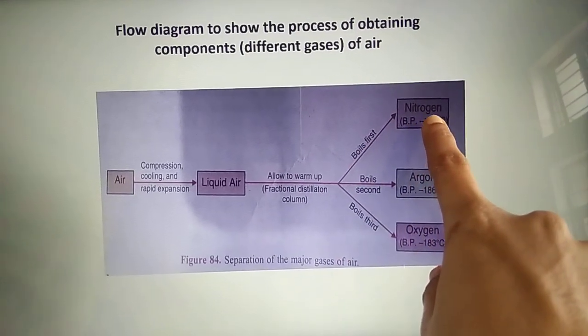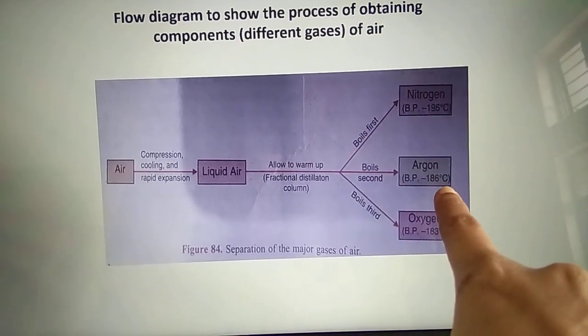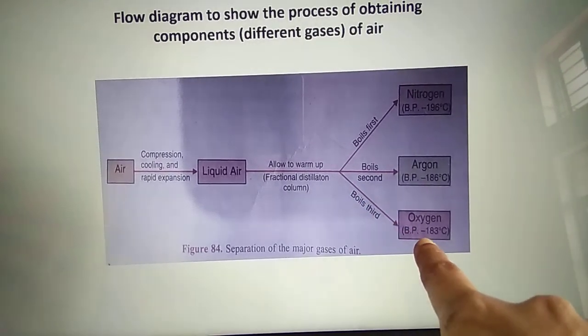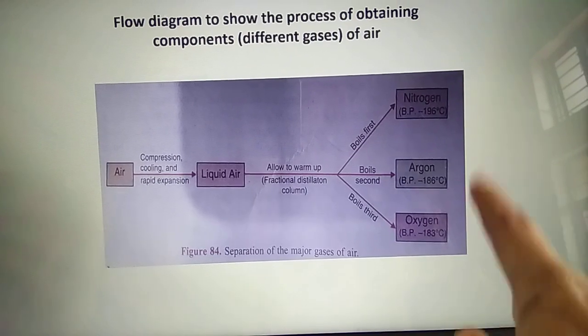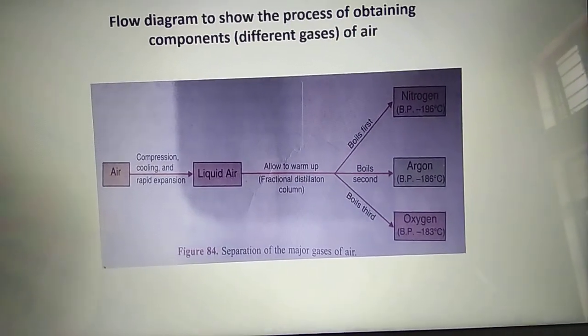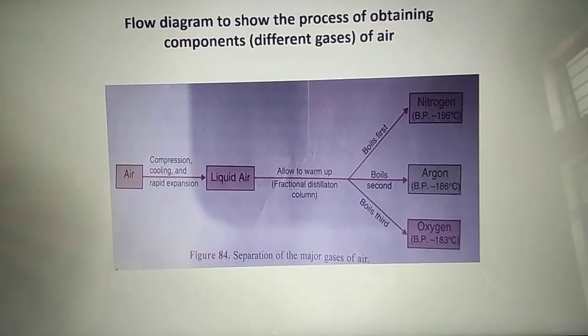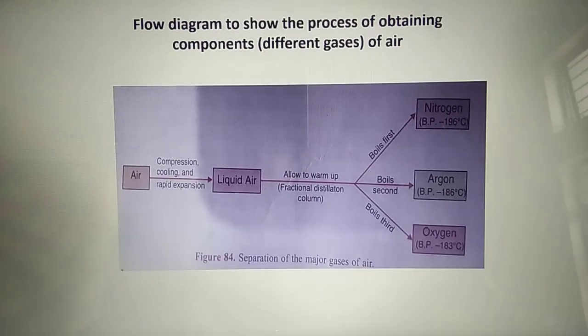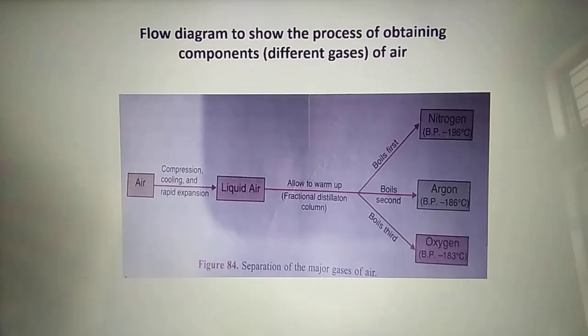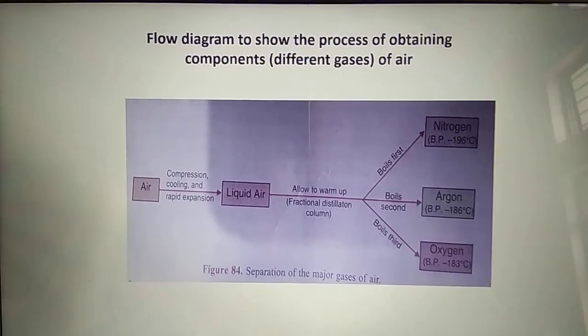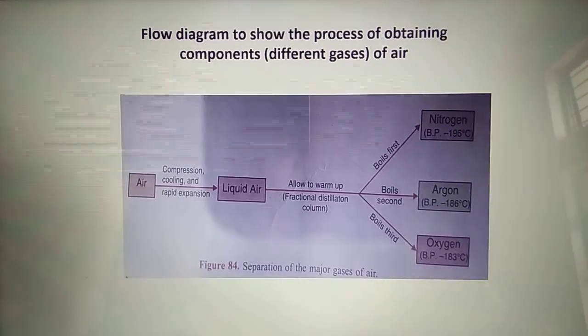First nitrogen will boil, then argon will boil, then oxygen will boil. So based on the difference in their boiling points, in the different parts of the fractional distillation column, we will be able to collect them. In this way, the major components, not the minor components, of air can be separated by using the fractional distillation method.